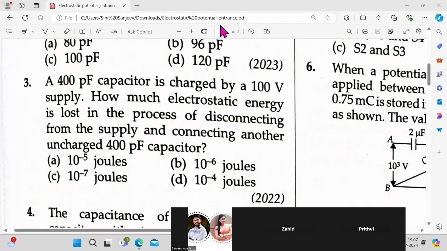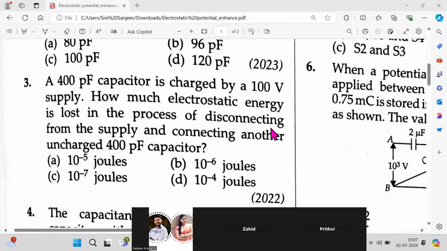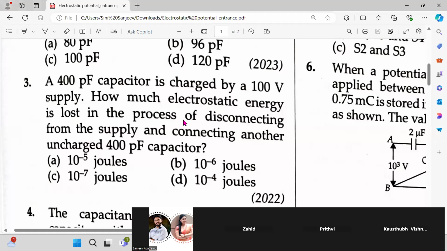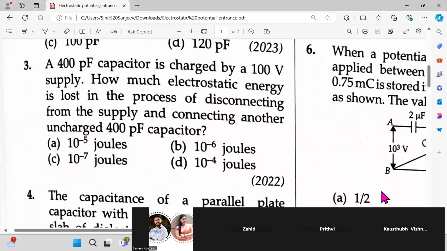Let me see whether I can put it on a whiteboard or something. I think you guys are able to see the screen, right? Say 400 picofarad capacitor.